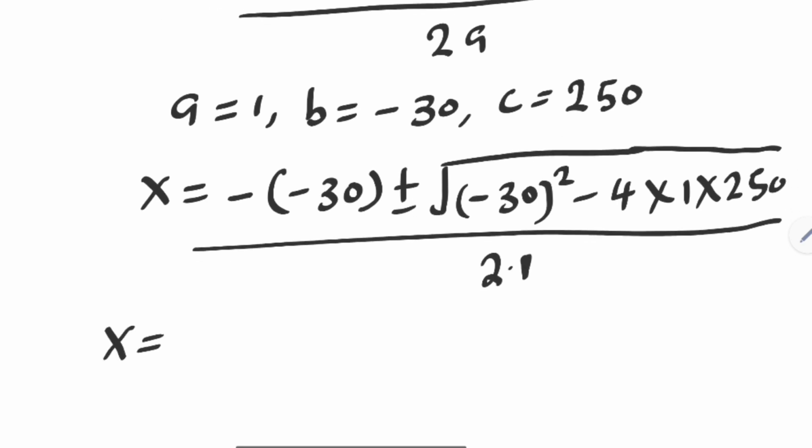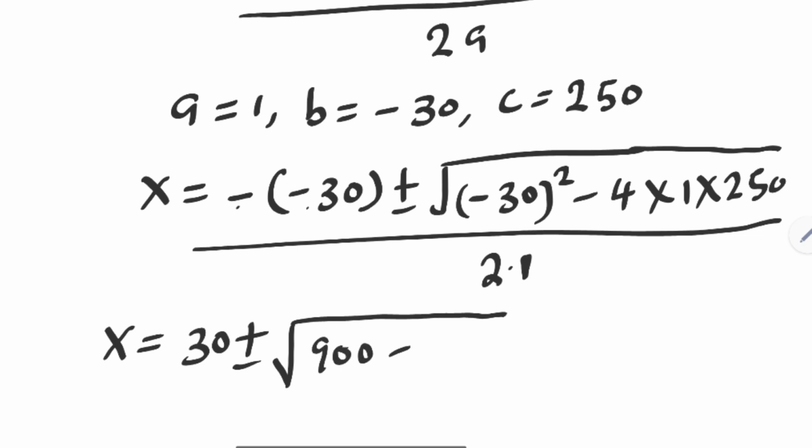x is equal to minus multiplied by minus 30. This is 30 plus or minus square root of minus 30 squared. This is 900 minus 4 multiplied by 1 multiplied by 250.